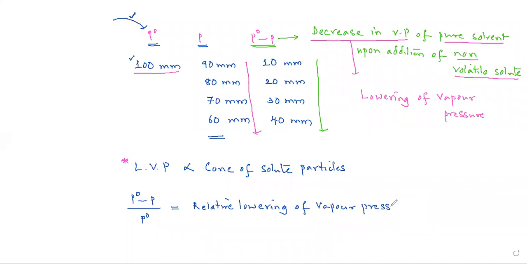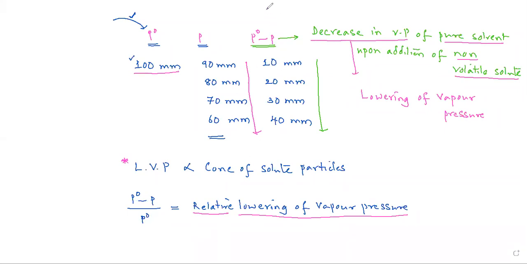Nothing but the lowering of vapor pressure, I mean P naught minus P, relative to that of the pure solvent, RLVP. Okay. It's a ratio, of course.